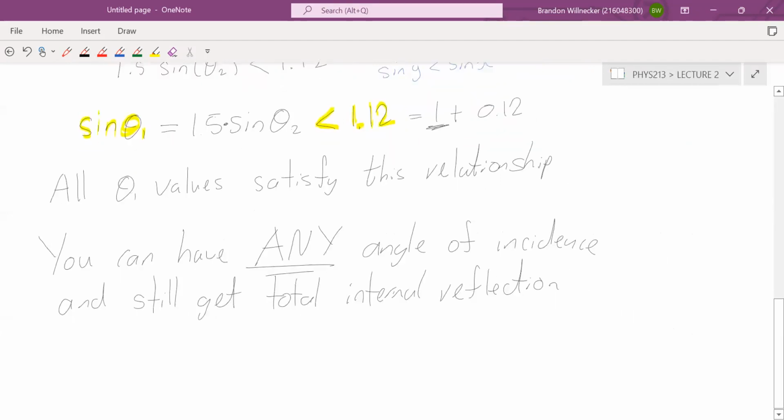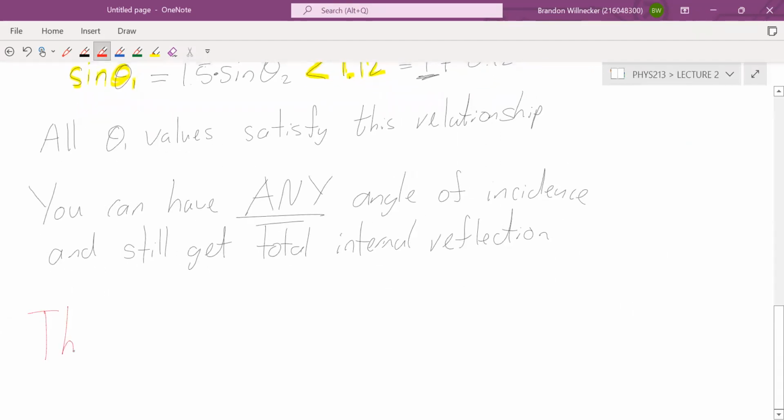However, it's very important to note that this is a property of the air-glass transition.